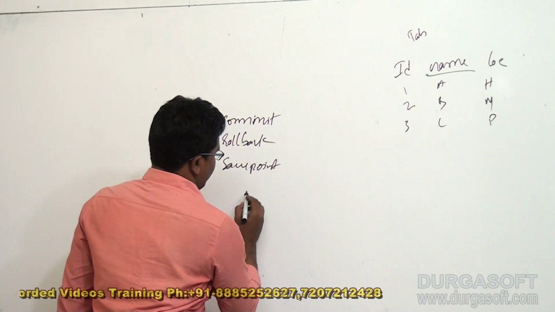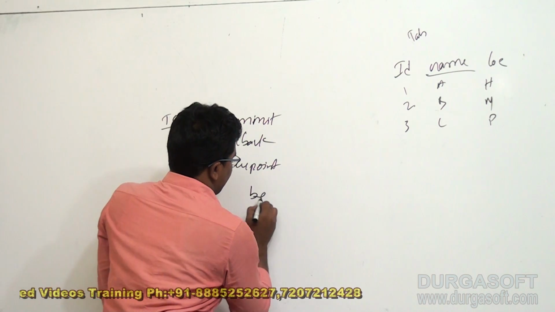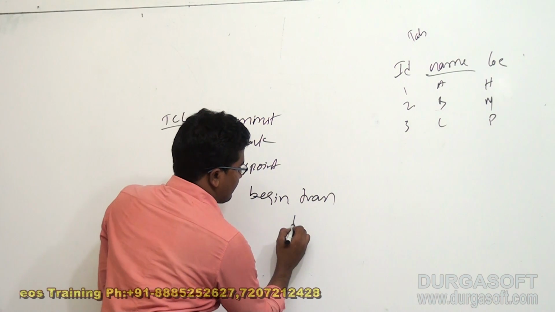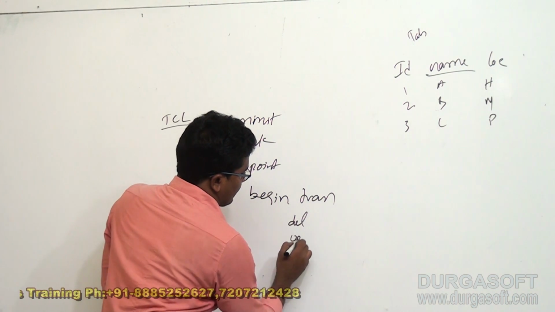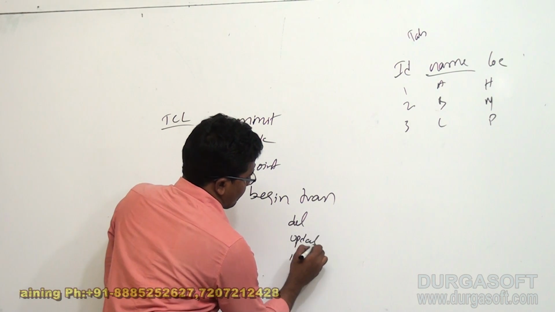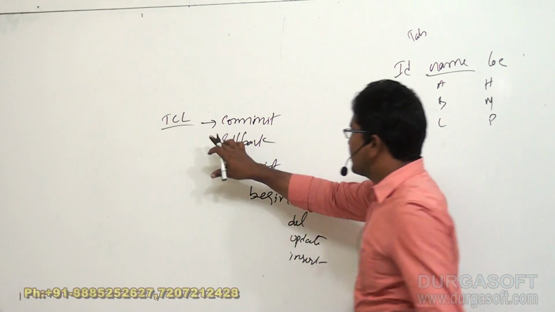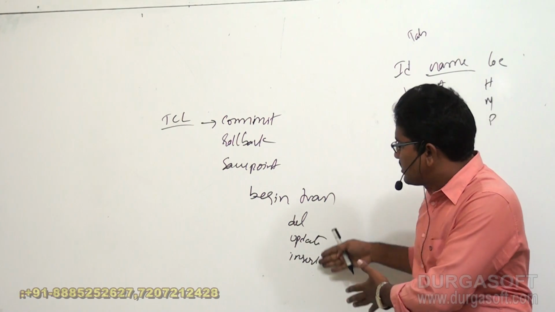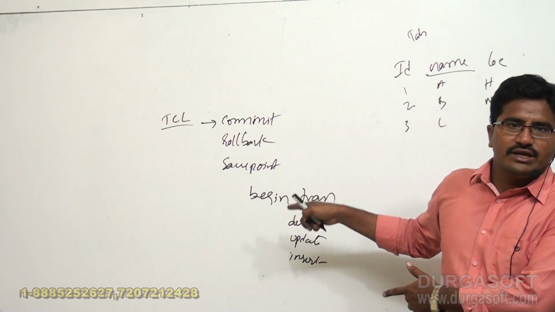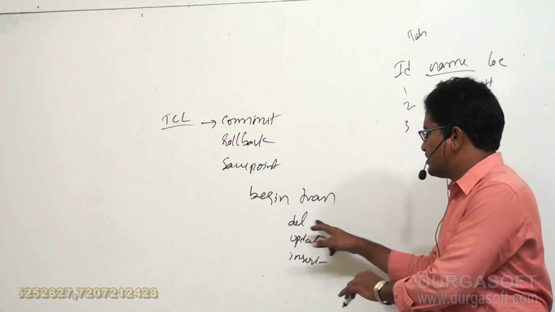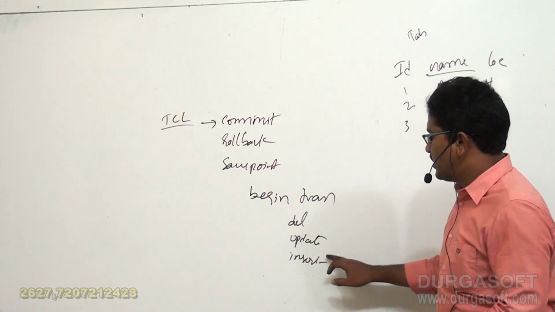We will see a small, rough example. Begin transaction. Here I use some DML operations: delete, update, insert, like this. A transaction is nothing but a set of SQL statements. So begin transaction, and I have written some examples: a delete, an update, and an insert.